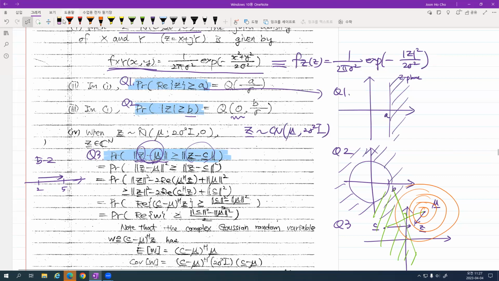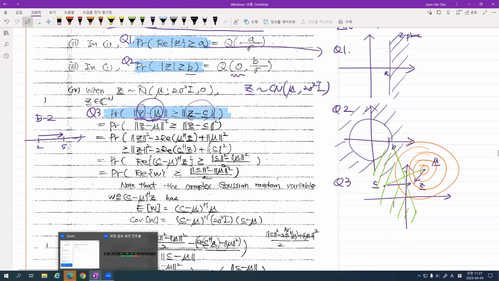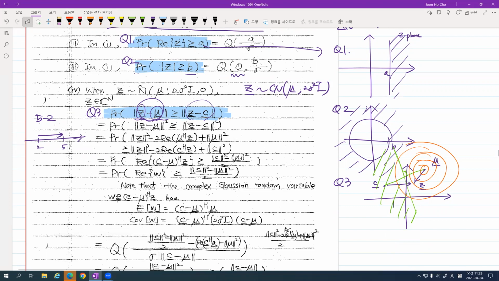Why? Let's follow this logic. First, this event has some non-negative number greater than another non-negative real number. So this event is equivalent to the next event where you have squared both sides. They are equivalent. Then by using the definition of the norm squared of a complex vector, we expand that.